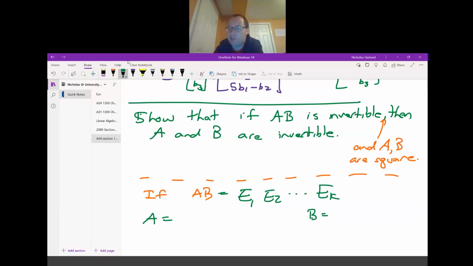Keeping in mind, we don't get to choose what A and B are. We would have to solve for A and B. Yeah, I'm not sure about that one either. This one can actually be workable, but unfortunately it's not as obvious as taking these ones as being A and these ones as being B, because we don't get to choose A and B.